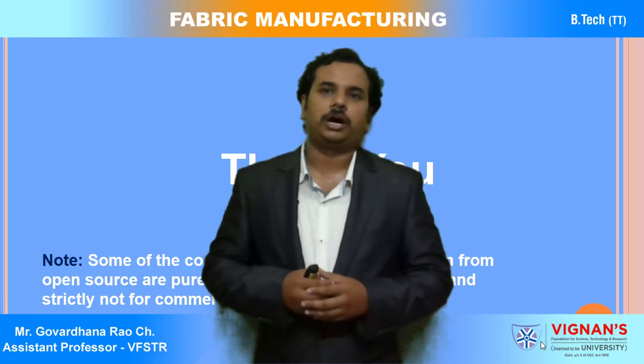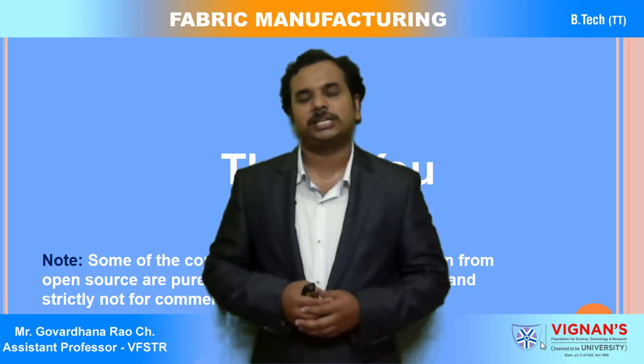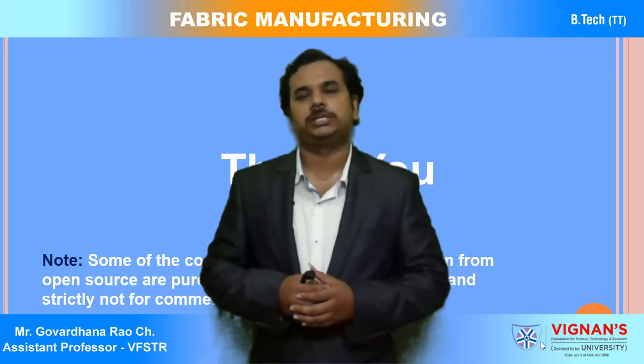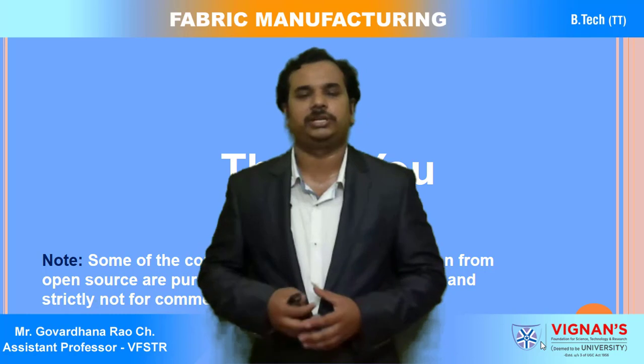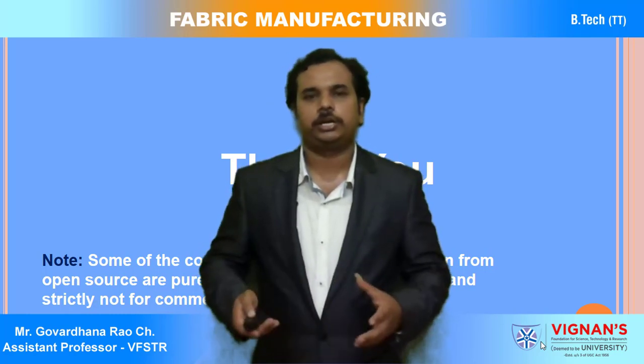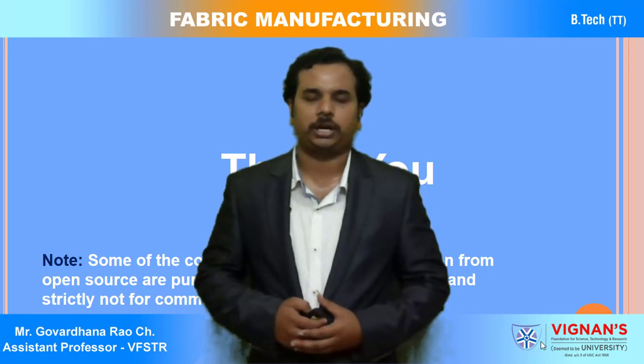After that, we have seen the assessment of yarn clearers, how we assess the clearer efficiency and the knot factor. So this is related to the yarn clearers in winding technology.